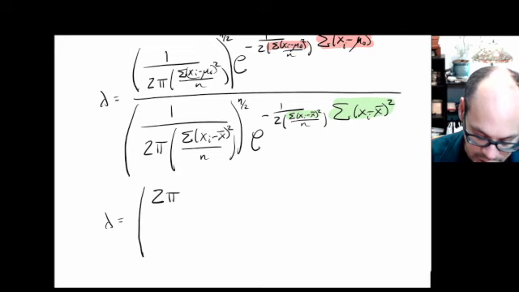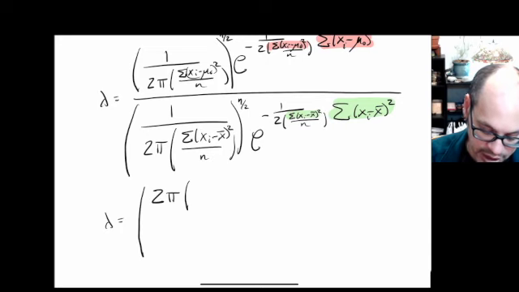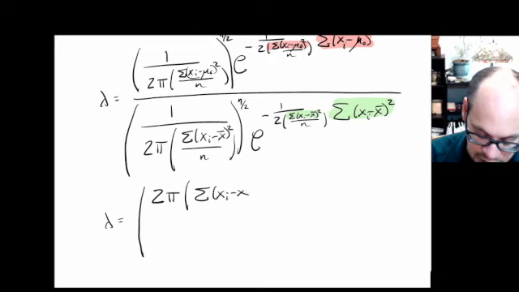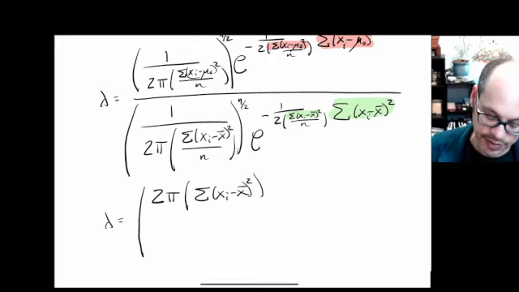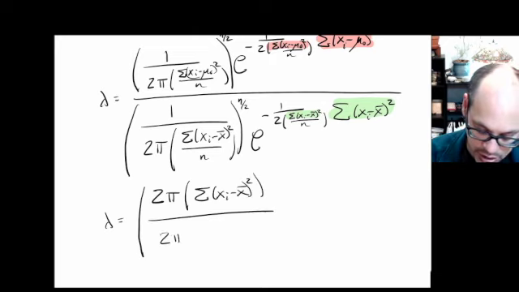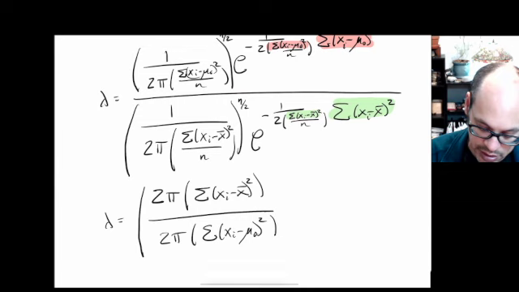So I get a 2 pi times the sum of the xi's minus x bars quantity squared over 2 pi times the sum of xi minus mu naught quantity squared.